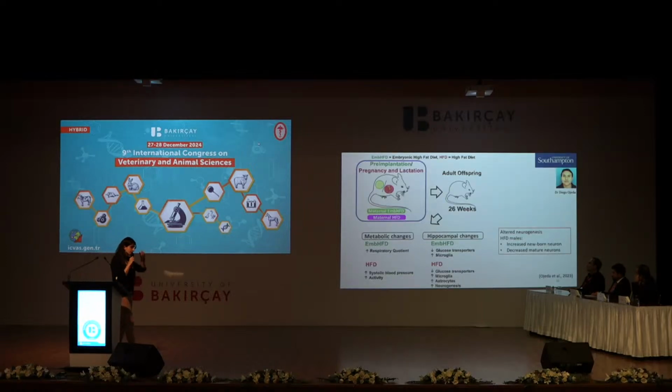Before I explain my results, it's a continuous study, and my colleague Diego was working with the same model, and he actually found so many data, but the most important thing that we want to focus on is the behavior part. He found there's altered neurogenesis in the offspring, especially male offspring, coming from the high-fat diet moms.